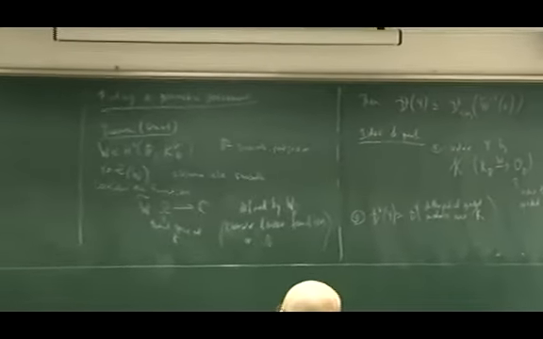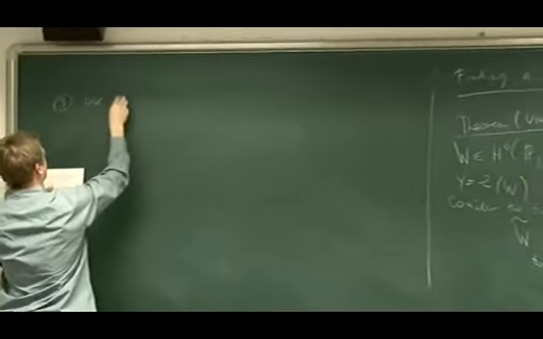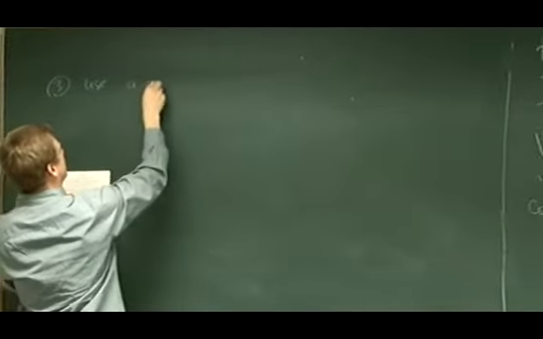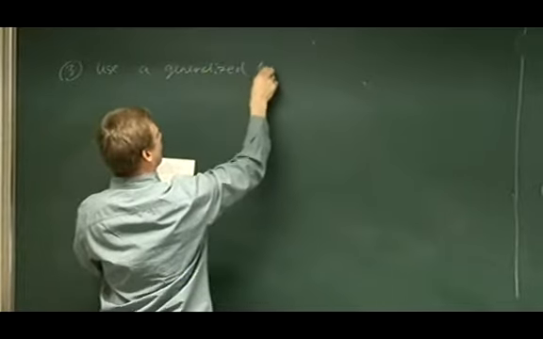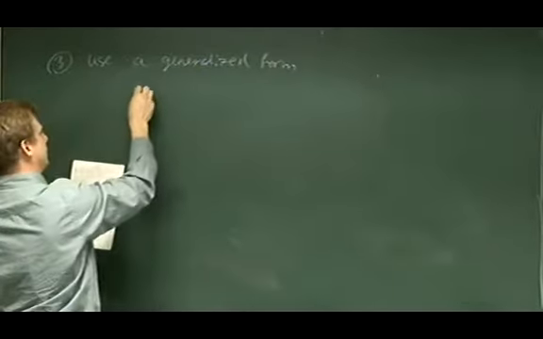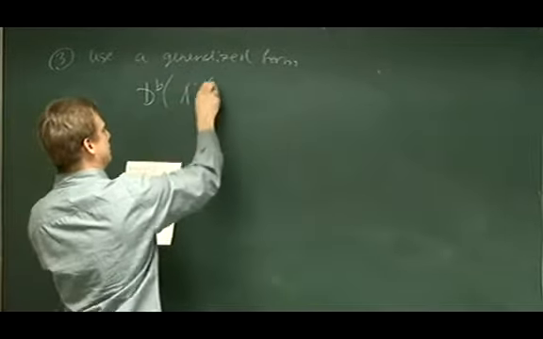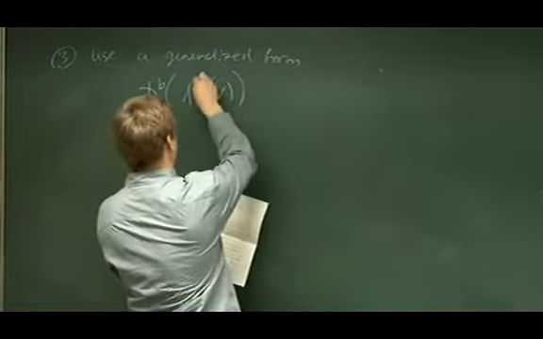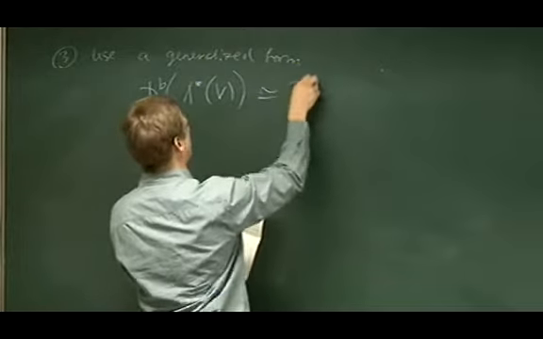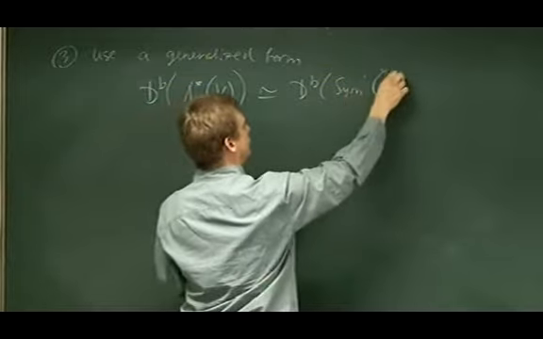And then next we use a generalized form of, in algebra there is an equivalence. If you're looking at modules over exterior algebra, then they turn out to be equivalent to modules over the symmetric algebra of the dual vector space.